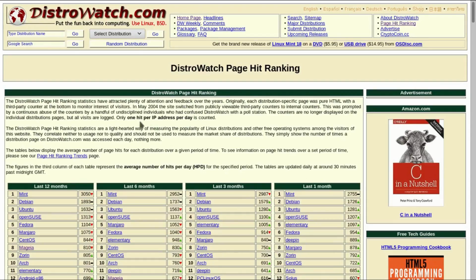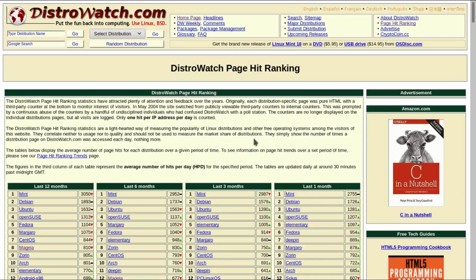Now, Distrowatch makes clear that the Distrowatch page hit ranking statistics are a lighthearted way of measuring the popularity of Linux distributions and other free operating systems among the visitors of this website. They correlate neither to usage nor to quality and should not be used to measure the market share of distributions.